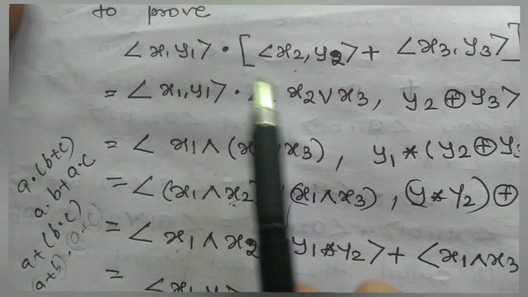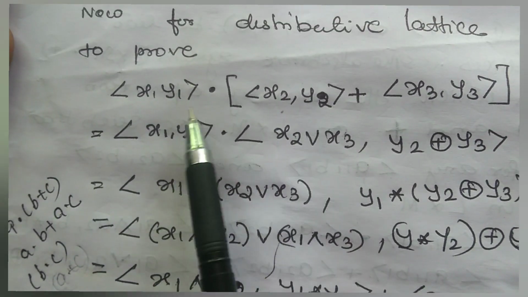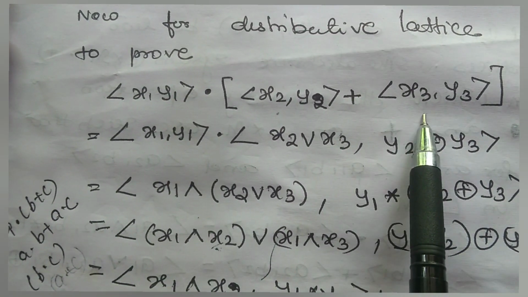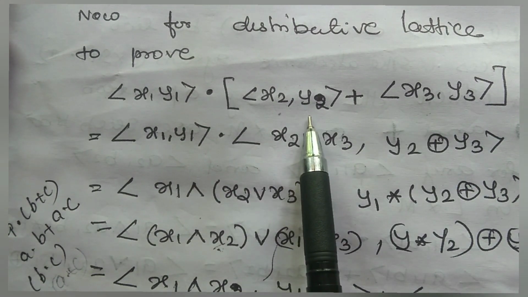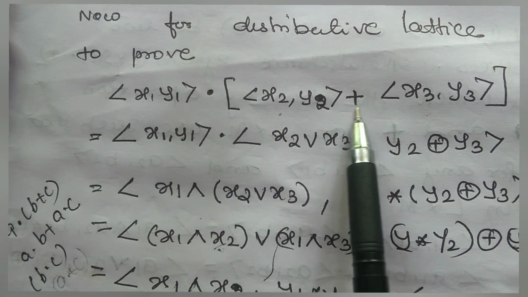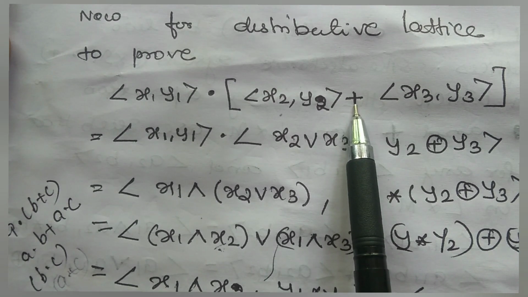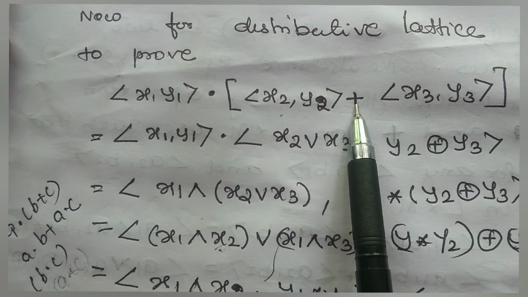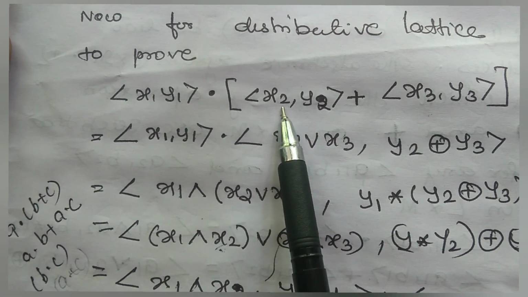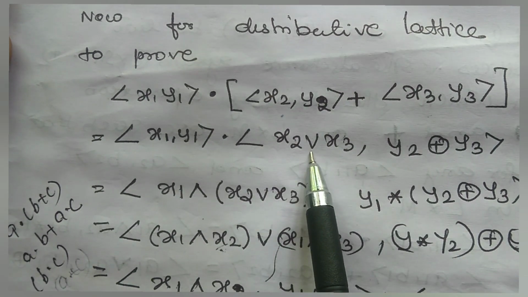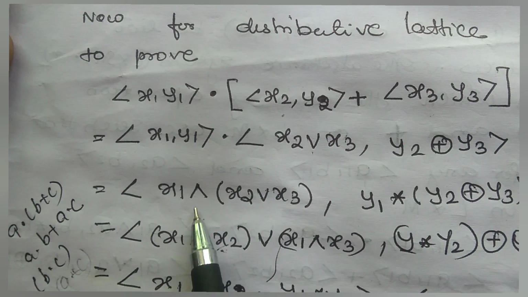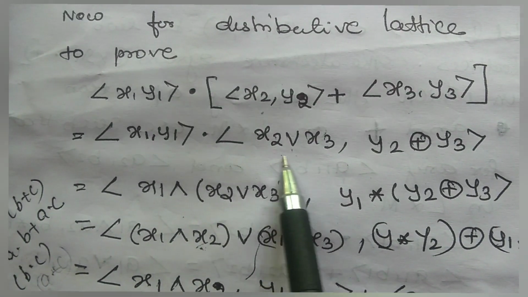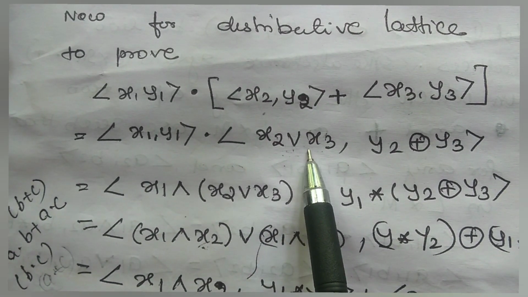So here we need three elements, (x1, y1), (x2, y2) plus (x3, y3). First you calculate the inside bracket value. Here we use the second operator. So you take the second operator for the first one, x2 x3, that is or, and y2 y3, that is plus. Now you take this as a single element.